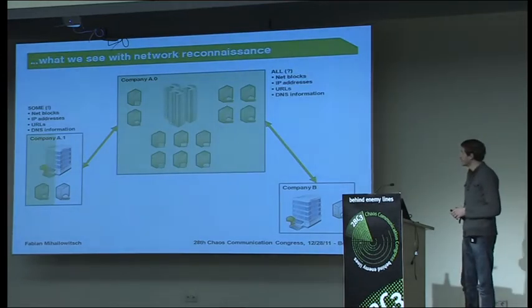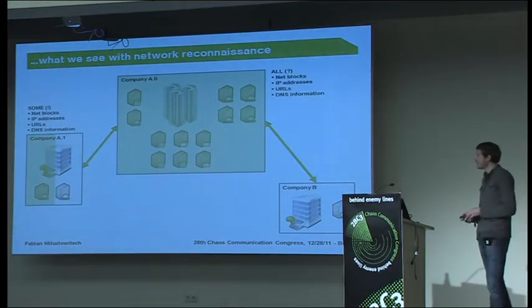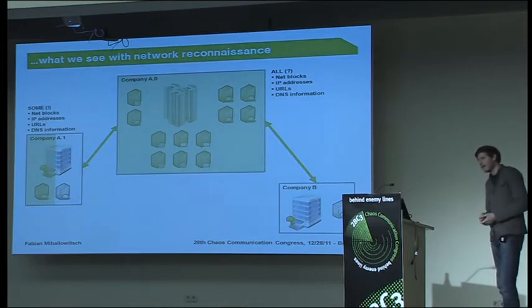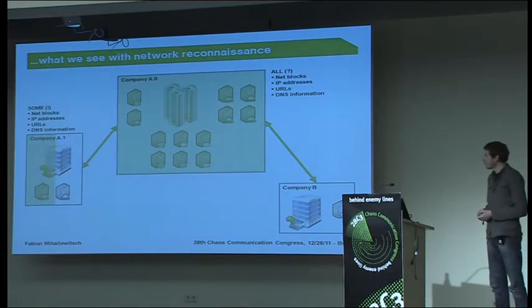In reality, what we see with network reconnaissance is basically we concentrate on that target. We look up netblocks, IP addresses, URLs. That's basically what we work with. And if we do that for a company and we know what we look for, because we look for company A, we hopefully might get all that information.